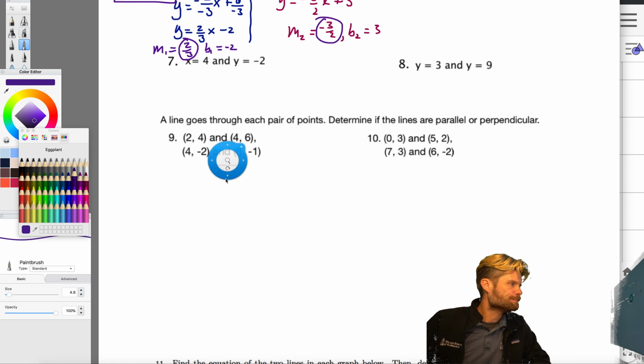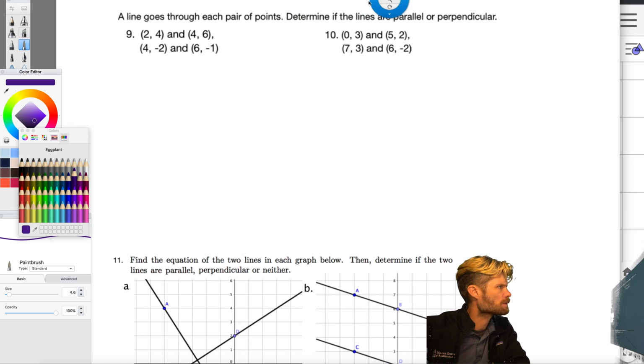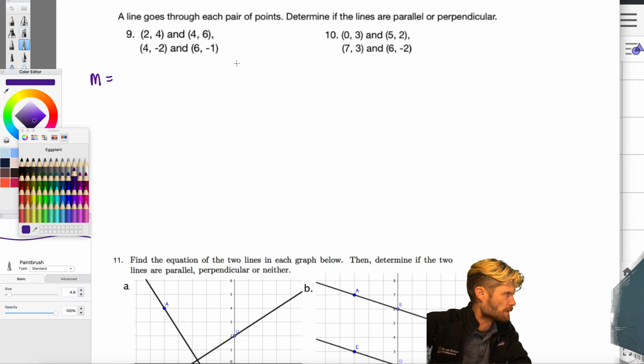Everybody okay in there? A line goes through each pair of points. Determine if the lines are parallel or perpendicular. Okay, so we need to do a little bit of work here. First thing we need to do is find the slope of each equation and then the y-intercept.